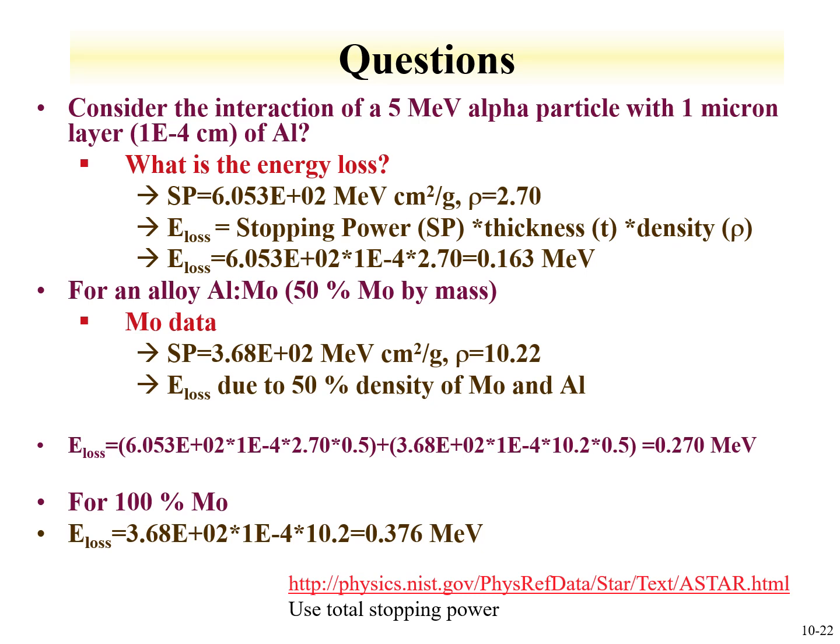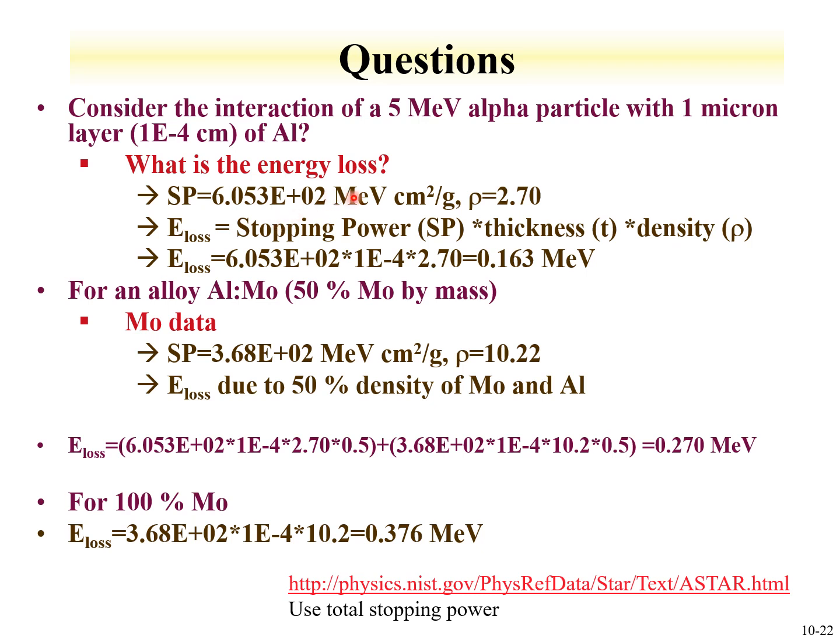So again, we want to utilize the equation to determine the energy loss. The energy loss is stopping power times the thickness times the density. For aluminum, if we go to the ASTAR web page and look at the data for 5 MeV, we get a stopping power of 6 times 10 to the 2 MeV centimeter squared per gram, and the density of aluminum is 2.7 grams per centimeter cubed.